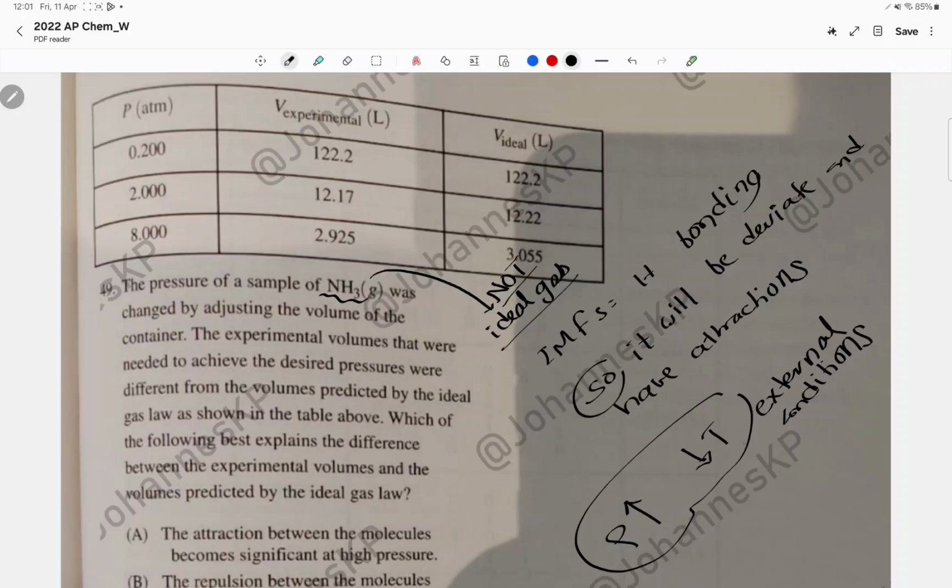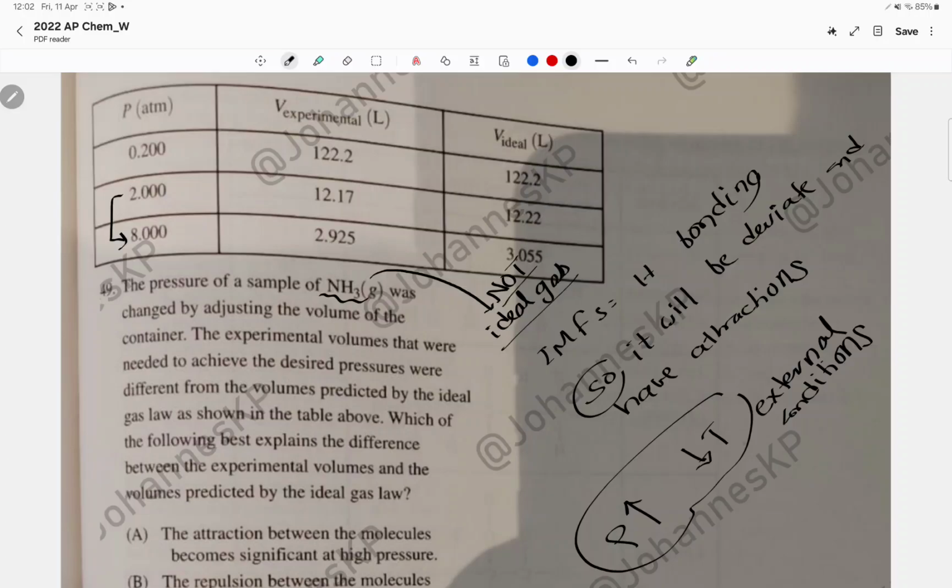Okay, so if you look here at the volume, when you made your pressure 4 times higher, did the volume become 4 times less? Not quite. Is it exactly 4 times less?